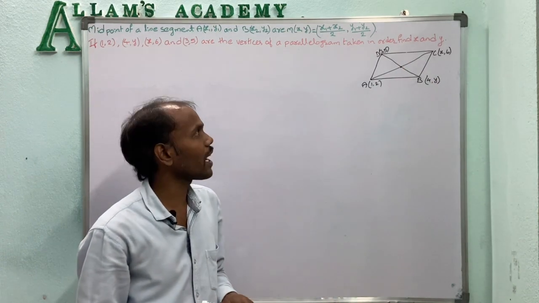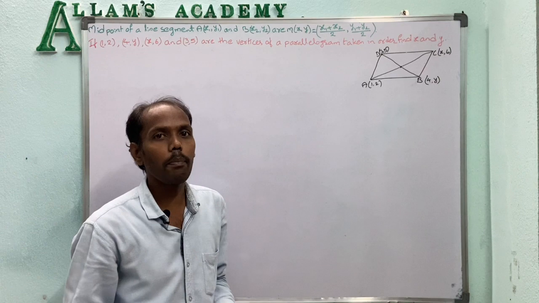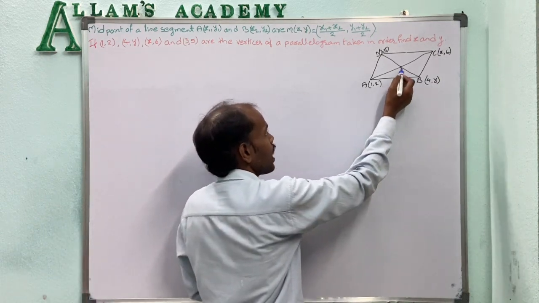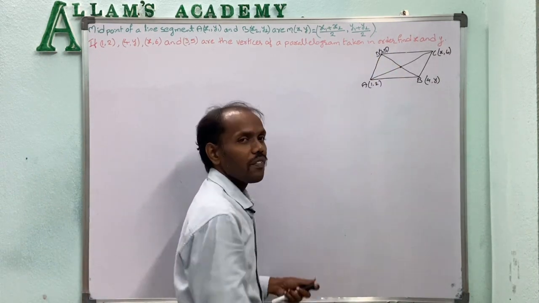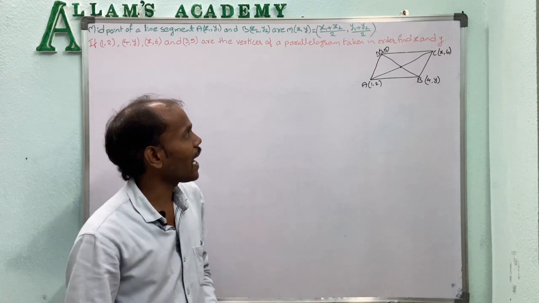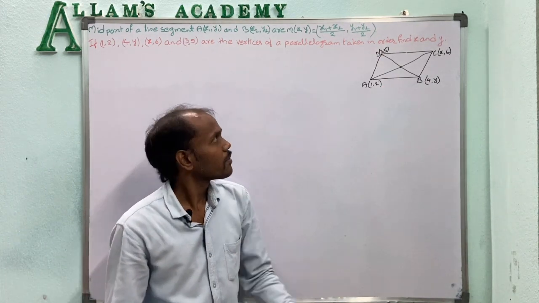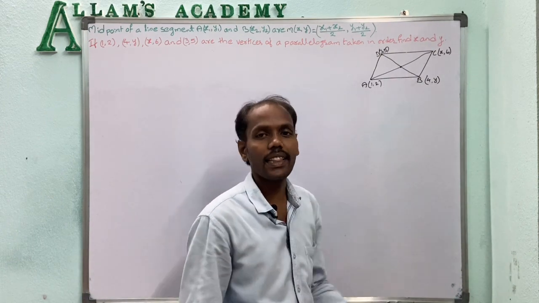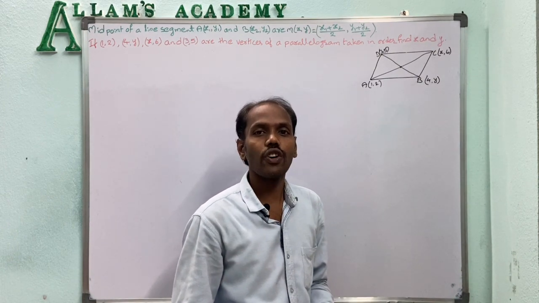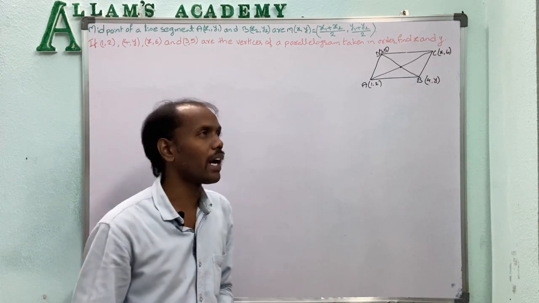That means both intersect at the same point. If we find that point, we get the x and y values. The bisecting point is nothing but the midpoint, so here we have to use the midpoint formula.